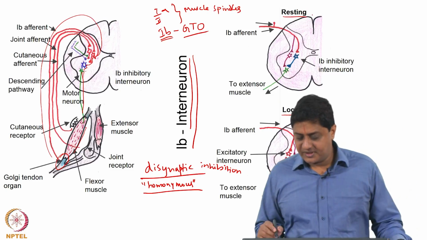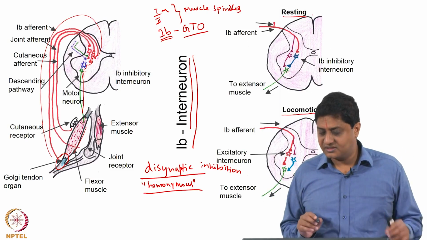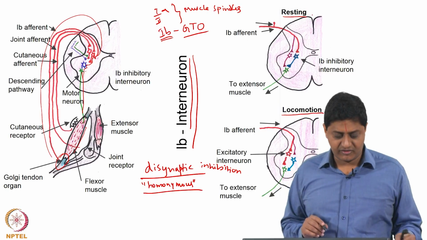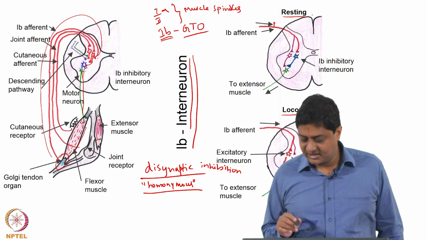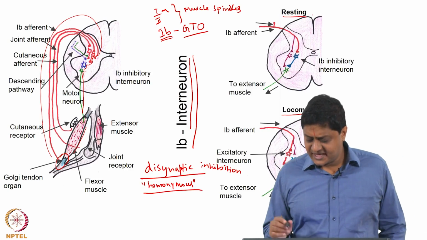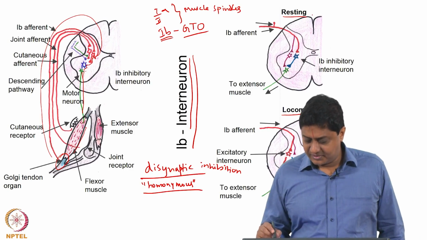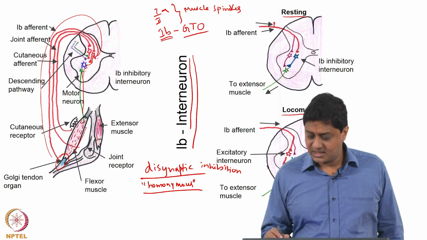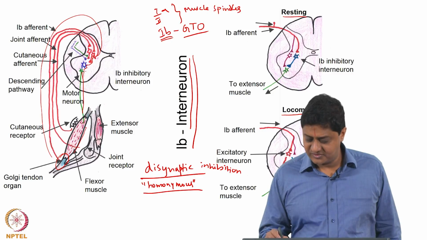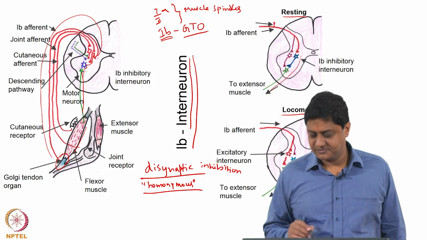What actually happens between rest and locomotion of a healthy mammal, say a cat walking? At rest the 1B afferent causes inhibition of the homonymous muscle, as one would expect.